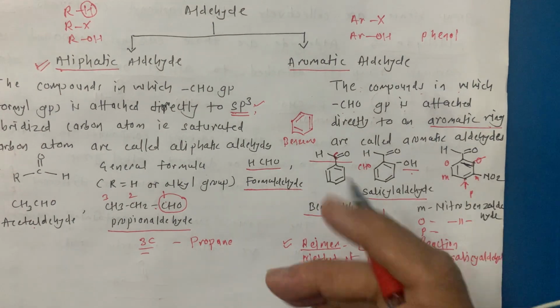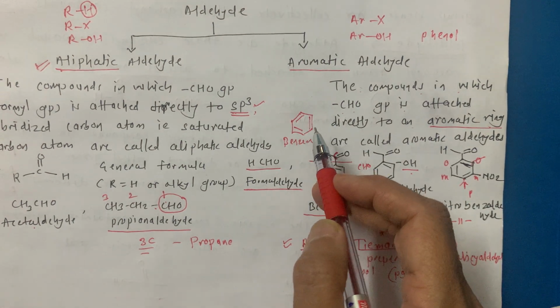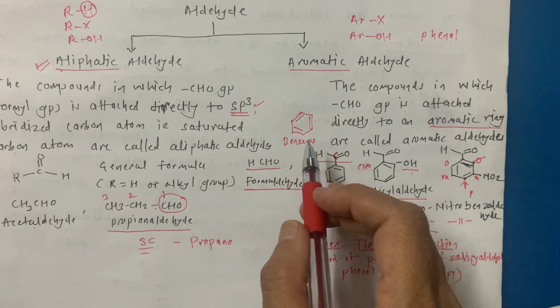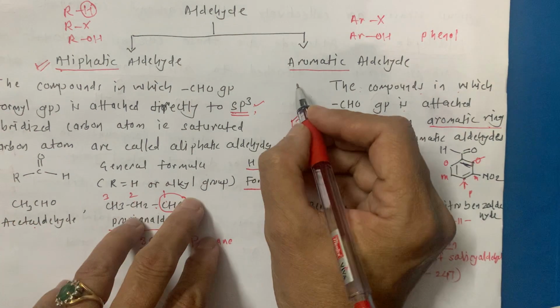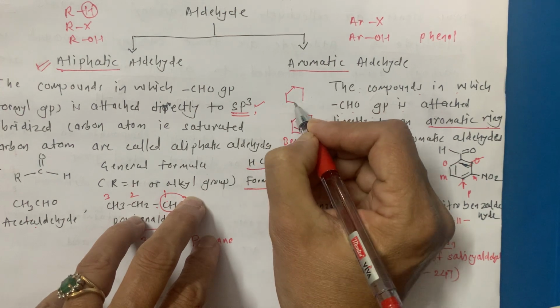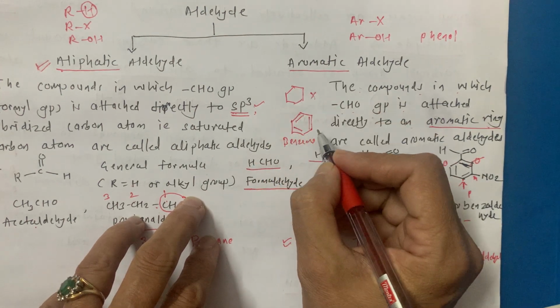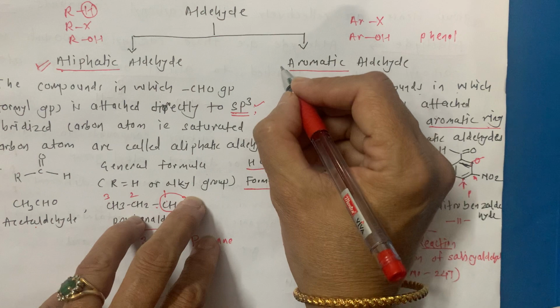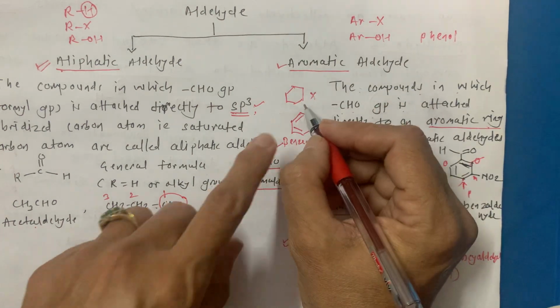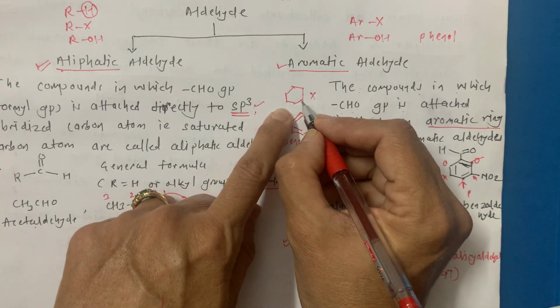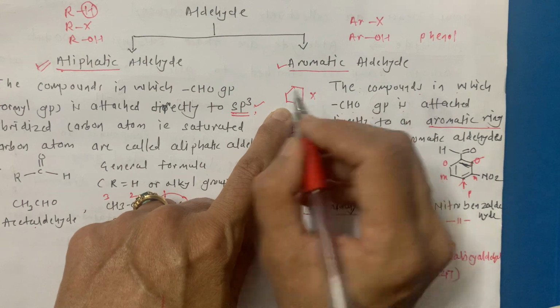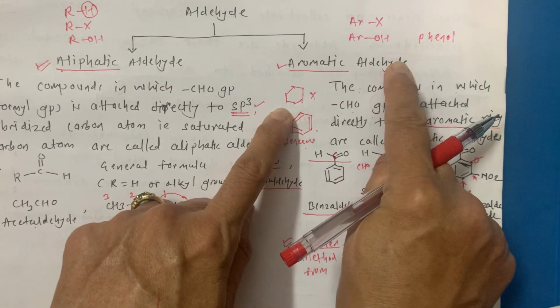Please don't make the mistake of thinking that CHO attached to any cyclic compound is aromatic. This is not cyclohexane. This is our benzene, and only then is this aromatic. If it is attached to a cyclic compound like cyclohexane, then that is not an aromatic aldehyde.